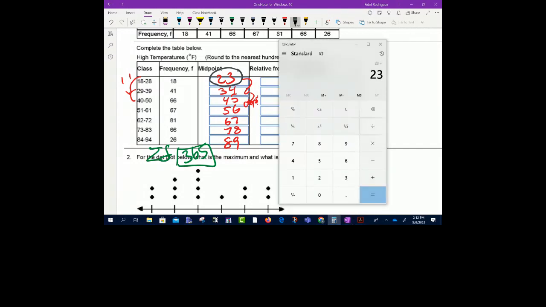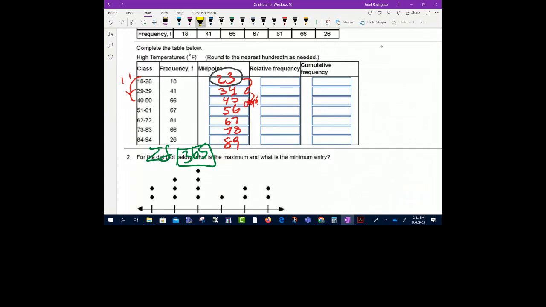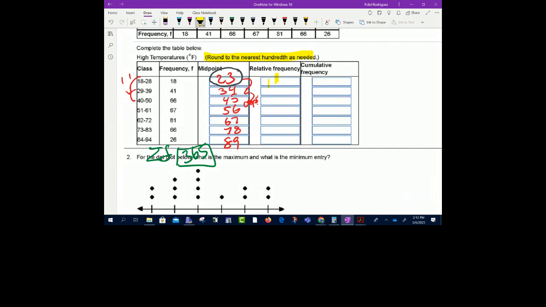Y'all, the way we're going to find the relative frequency is we're going to take each of these numbers here and divide them by 365. So look, the first one is 23. We're going to divide that by 365. Y'all, I want you to notice something here. It says we're going to round to the nearest hundredth. The nearest hundredth, my friends, means we're going to put 2 decimal places. So a point and then 2 digits to the right of that. What do you guys think? 0.06? Oops, sorry.